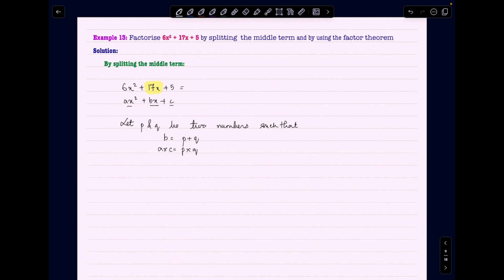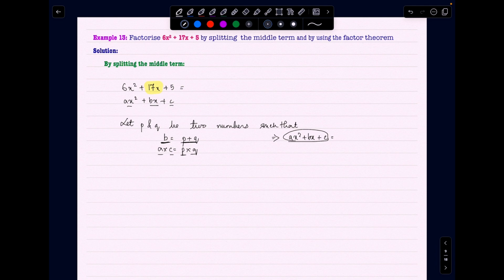Because, as I told you in the previous part, if ax square plus bx plus c is written, we can split b into two numbers p plus q whose product, p into q, will be equal to the product of the coefficient of x square and the coefficient of x to the power 0, that is, a into c. Got my point?